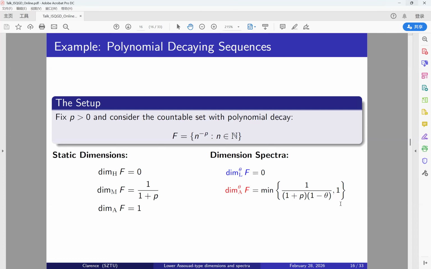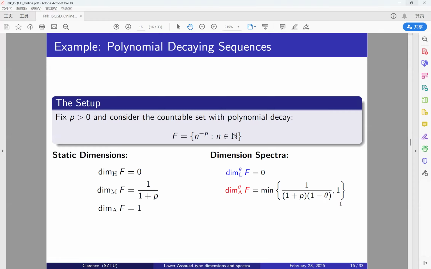This formula means that if theta is small enough, it looks a bit more like the box dimension than the Assouad dimension. However, when theta ranges over some larger values, it gives information more on the Assouad dimension than the box dimension. So this is a phase transition of the Assouad spectrum.